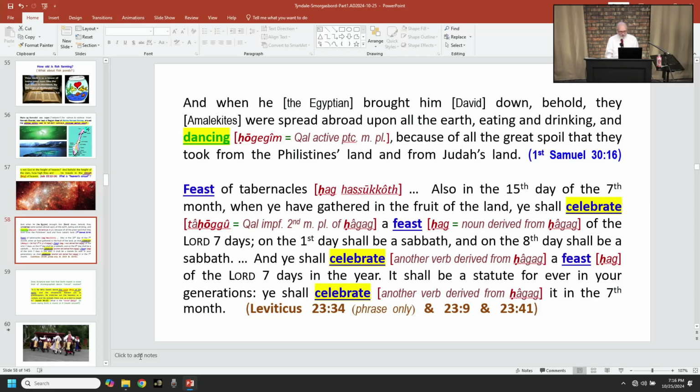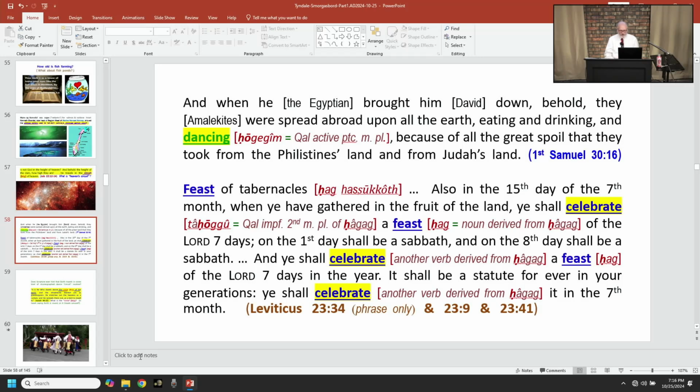And the feast of the Lord 7 days. And on the first day shall be a Sabbath, and on the 8th day shall be a Sabbath. You shall celebrate, again, another verb derived from hagag. A feast. Here, another noun derived from the same root verb. It shall be a statute forever in your generations. You shall celebrate, again, a verb derived from hagag.